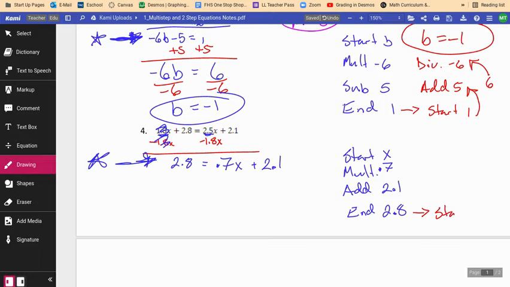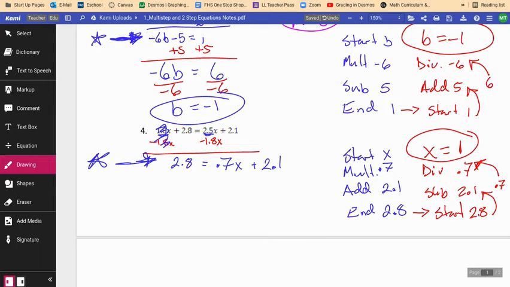Let's undo that. So we're going to start with 2.8. We're going to subtract 2.1. We're going to divide by 0.7, and we're going to know what x is. So 2.8 minus 2.1 gives me 0.7. 0.7 divided by 0.7 should give me 1.